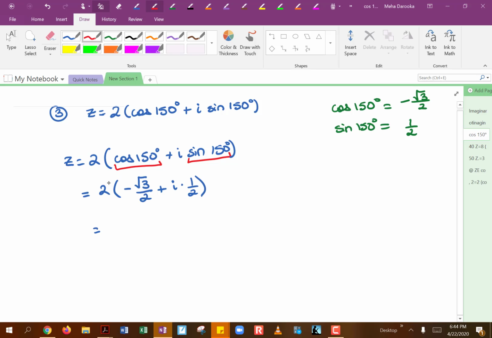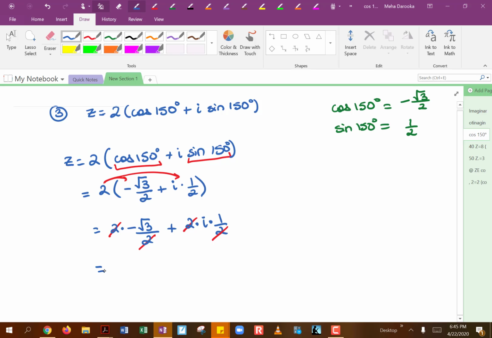Now, we will need to distribute this 2 inside the parentheses. So you will have 2 times negative square root of 3 over 2 plus 2 times i times 1/2, right? That 2 on the denominator will cancel out this 2. Same thing here, 2 on the denominator cancels out this 2.